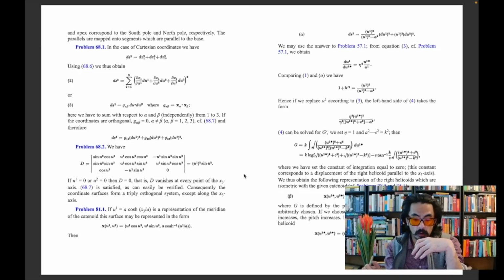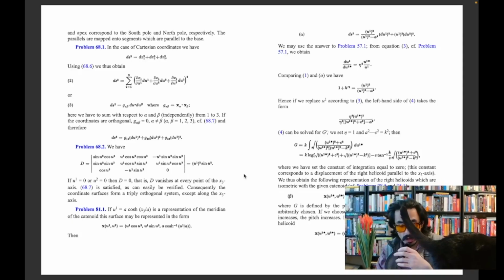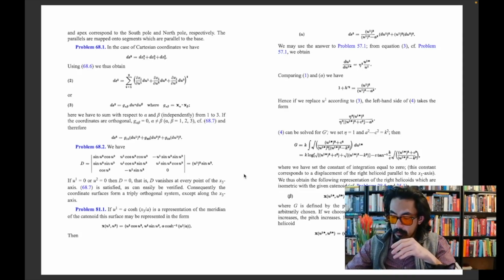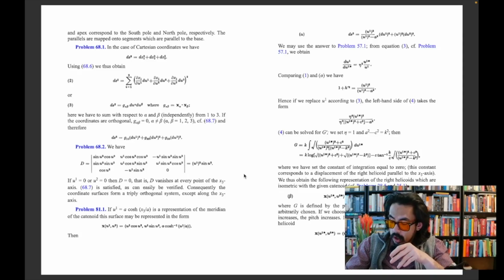Hence, if we replace u1 according to the expression 3 from the solution of problem 57.1, then the left-hand side of, so back in the solution for problem 57.1 again, we have the expression 4 within the solution in the back of the book here is quantity 1 plus lowercase h prime squared closed quantity then times another quantity which is the fraction of du1 over du1 star closed quantity then squared, which in turn is equal to 1 plus the fraction of a numerator u1 star squared then times capital G prime squared all over a denominator of u1 star squared plus c squared.